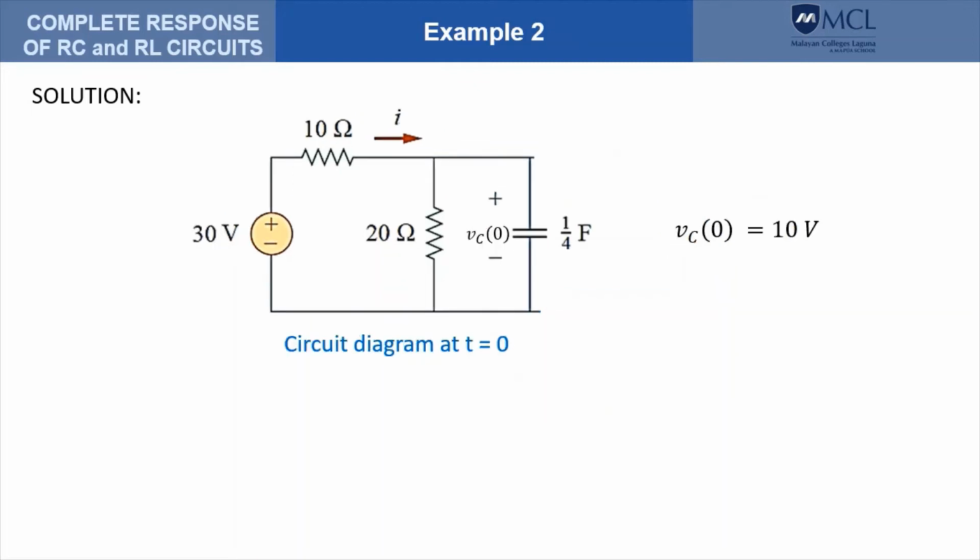At t equals 0, the switch opens and the voltage in the capacitor is still 10 at that point in time. So therefore, the question now is, what is this one?